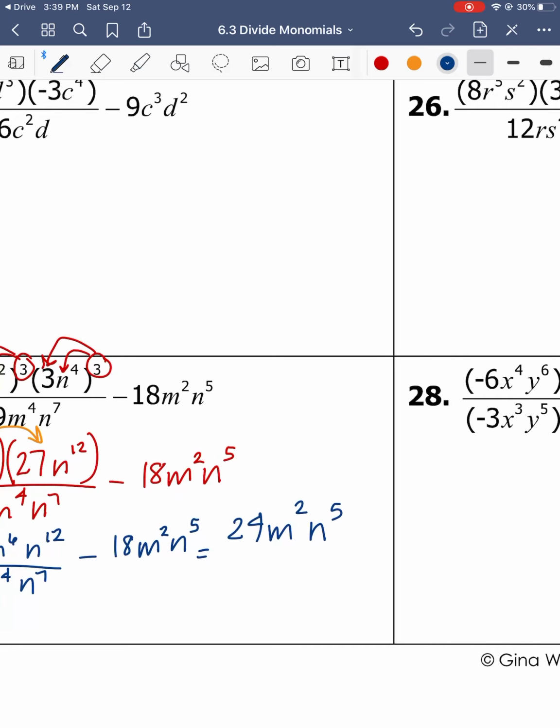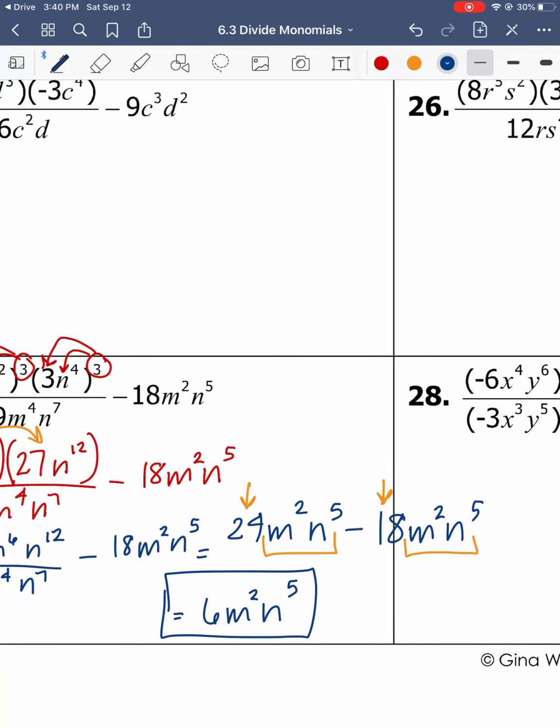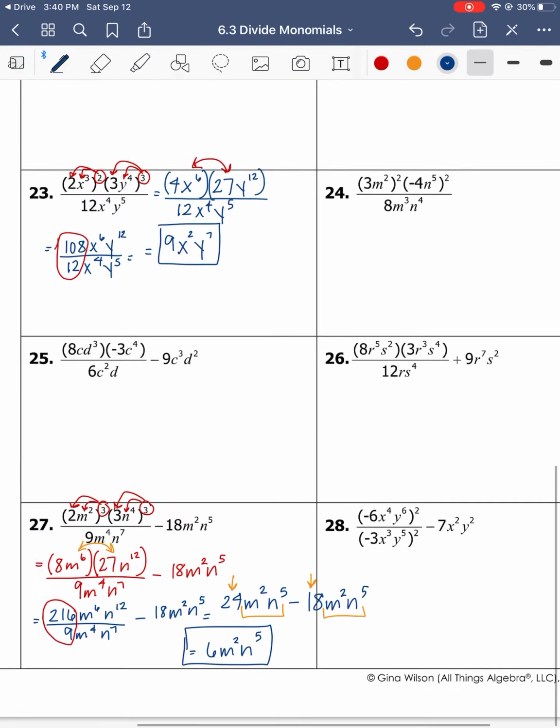And then I'm running out of room here, but then we have this whole term minus 18m squared n to the 5th. And notice now, since we have done this, we have our like terms now. So we can just subtract our coefficients and keep the variables. So 24 minus 18 is equal to 6, and then we keep the variables m squared n to the 5th. And that is complete there.